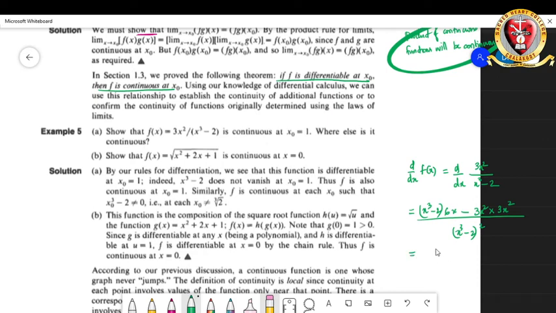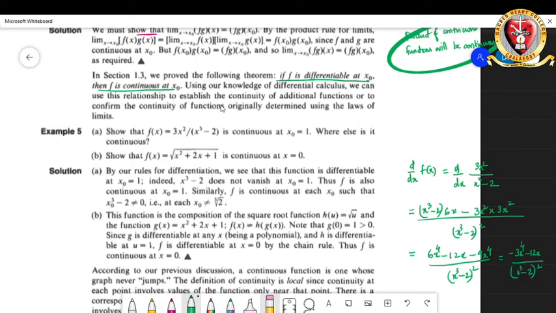So you get 6x raised to 4 minus 12x minus 9x raised to 4 divided by x cubed minus 2 the whole square. From that you obtain 6 minus 9, so that will be minus 3x raised to 4 minus 12x divided by x cubed minus 2 the whole square.